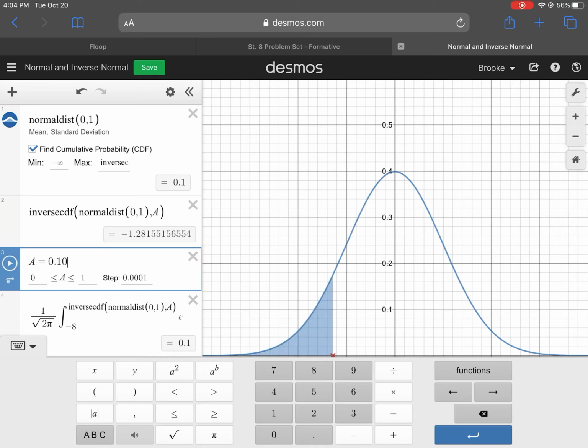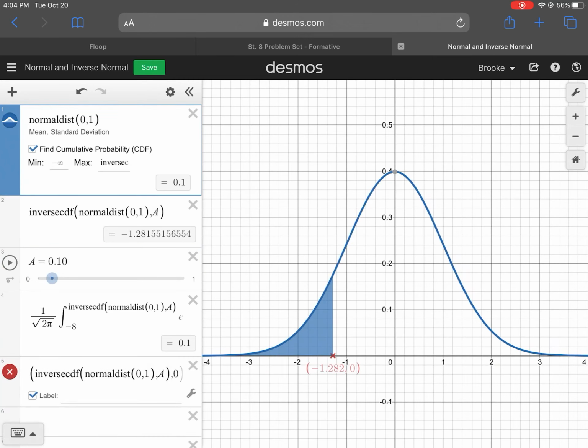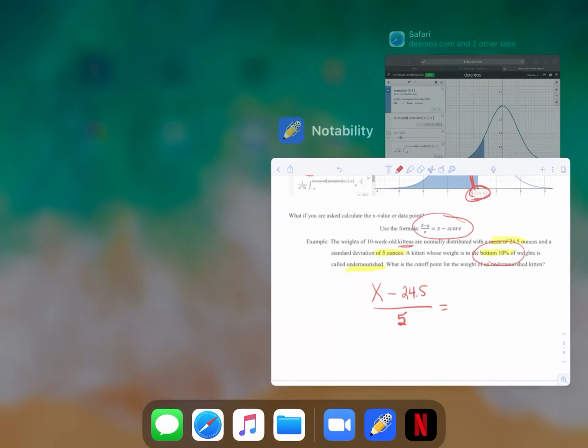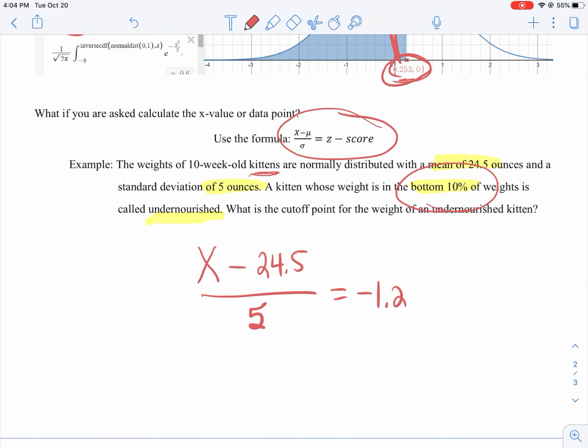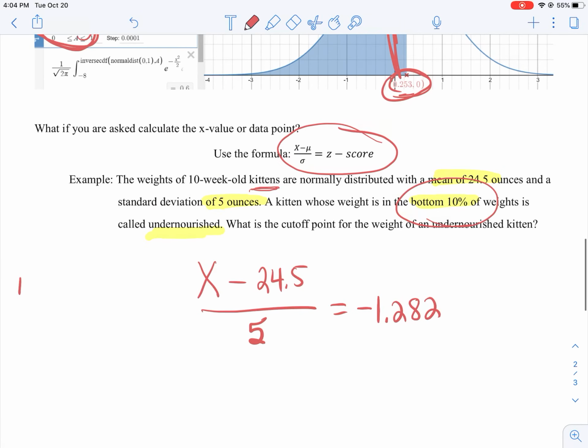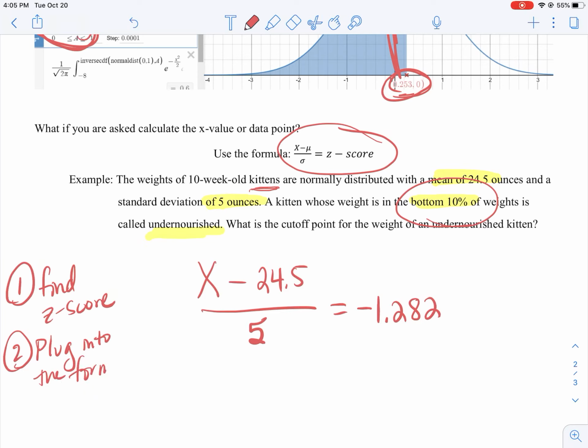All right, so 10%. Now I can see from my graph that that's negative 1.282. So I'm going to set it equal to this here. So step 1, you still need to find the z-score, but then step 2, plug into the formula.